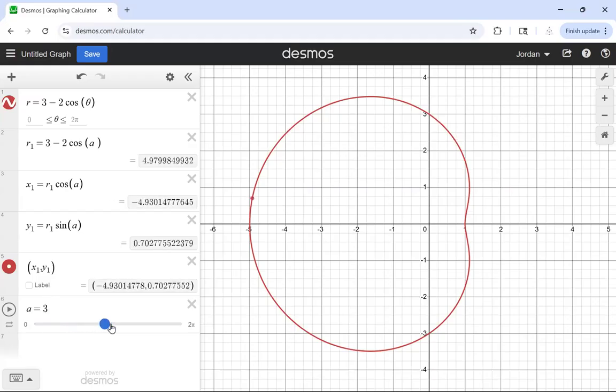The next time I get back to that same value is when I hit 2 pi. Therefore, the interior of this dimpled limacon can be found by integrating from 0 all the way around to 2 pi. Again, I'm just utilizing the trace feature. 0 to 2 pi is what we're looking for.